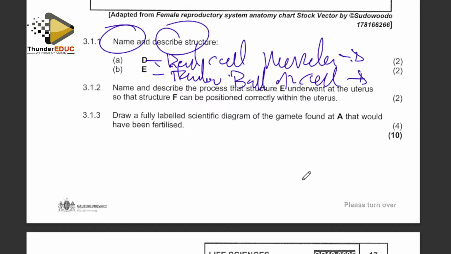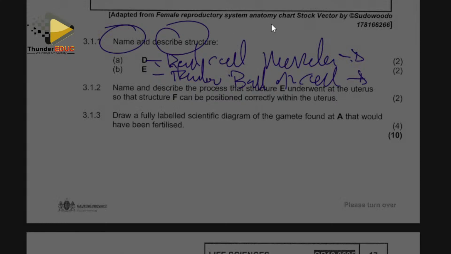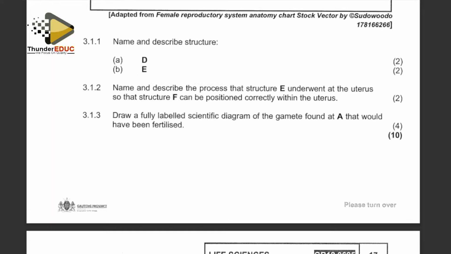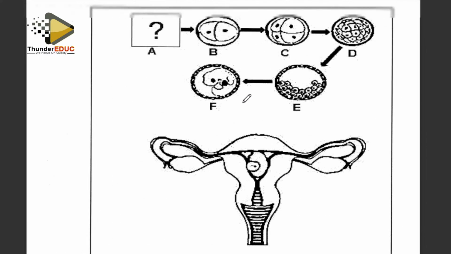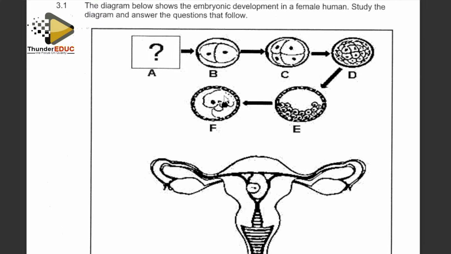So, name and describe the process that led. What are they talking about? Let me clear up, guys, so that I'm able to see properly. They're saying name and describe the process that structure E underwent at the uterus so that structure F can be positioned correctly. Oh, this one, structure F, meaning that we call it implantation.